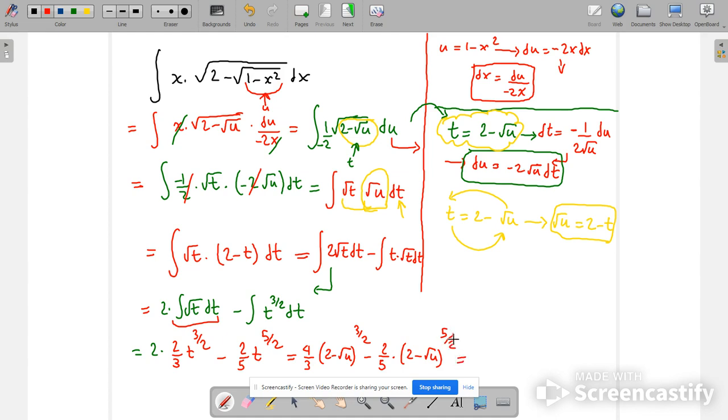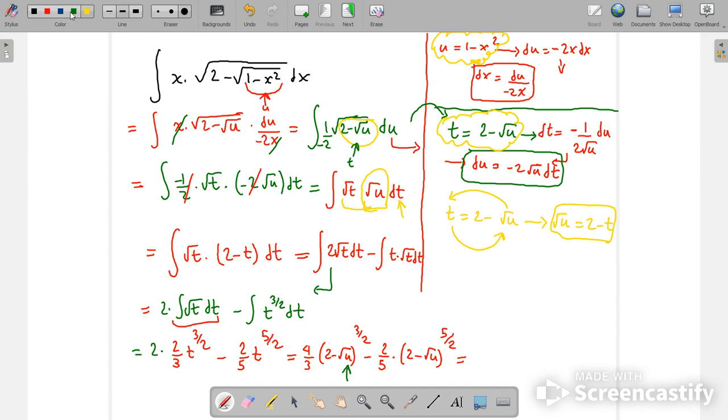One more step is needed here: we need to plug in the term related to u, which is at the top right, u equals 1 minus x squared.